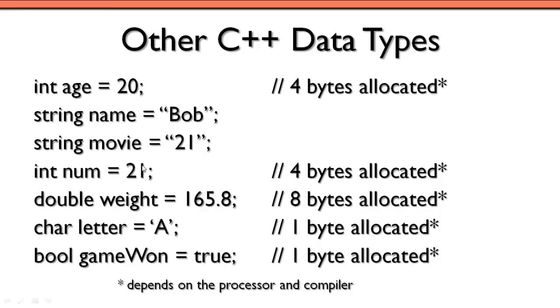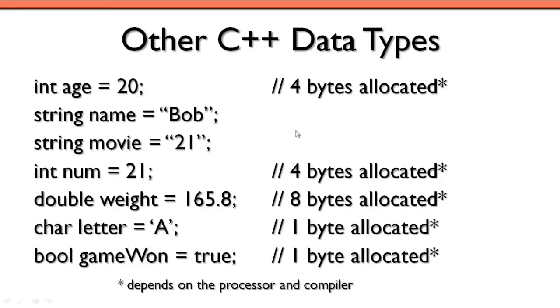With the variable num, we can perform numeric calculations. We could multiply num by some other value or divide it by some value. If we try the same numeric operations with movie, it wouldn't work because this is a string representation. To us, these may look very similar, but in terms of the way they are represented behind the scenes and the type of operations we can do, they're very different animals.